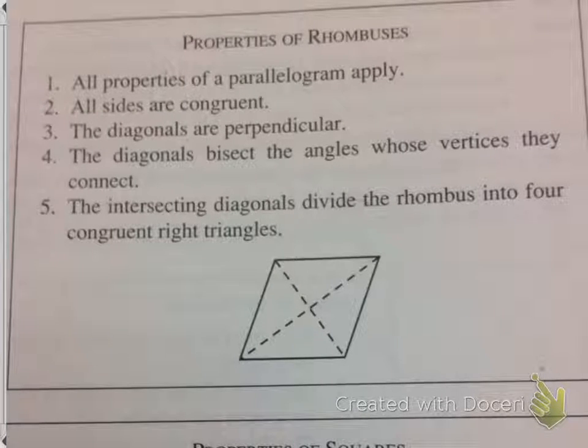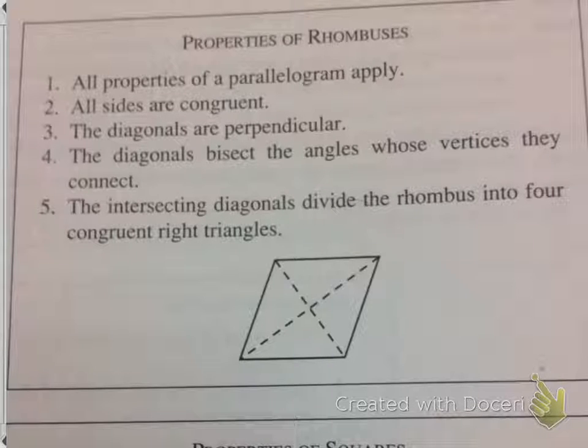A rhombus, all the properties of a parallelogram apply. All the sides are congruent. So now we're getting closer to the fact that maybe we have a square, right? Which is probably the next one, one below this. So the sides are now congruent. The diagonals, when you draw them in, are perpendicular. What does that mean?